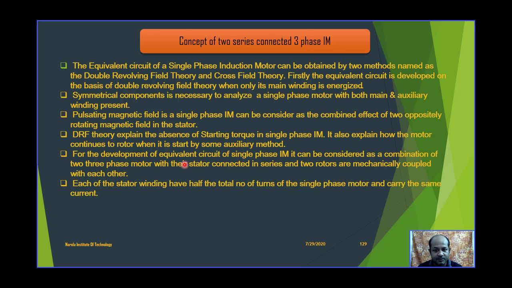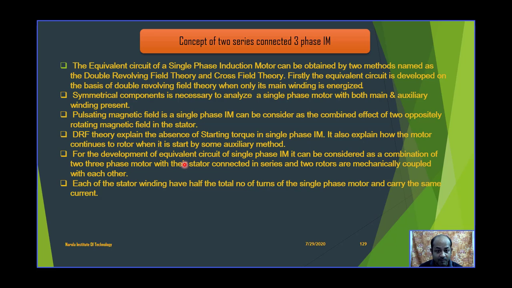One three phase motor represents the forward rotating field and the other three phase motor represents the backward rotating field, where the number of turns are half of the total number of turns of the single phase induction motor.